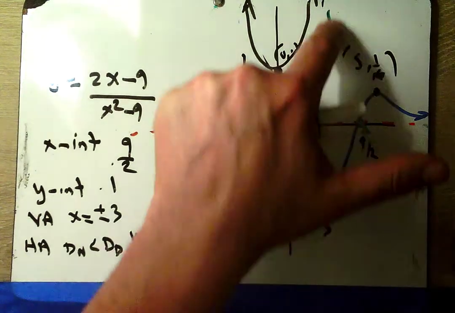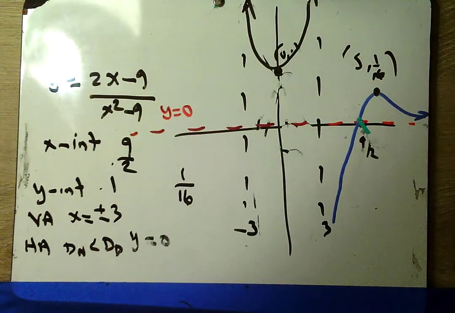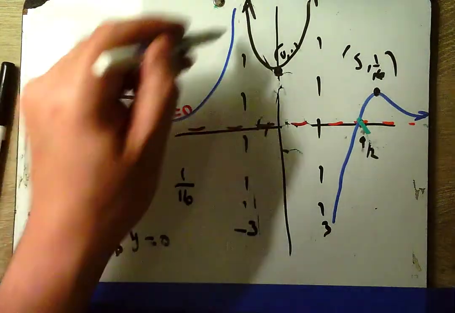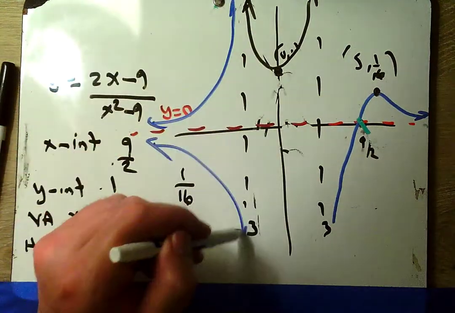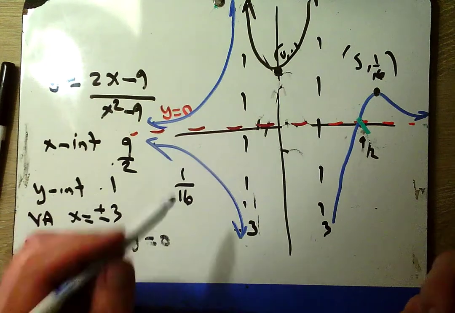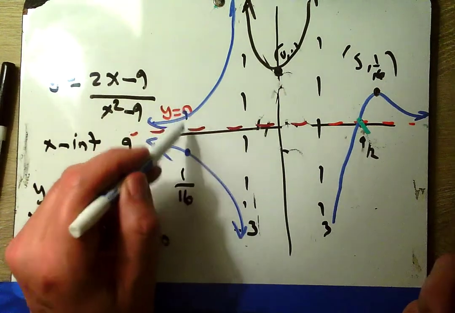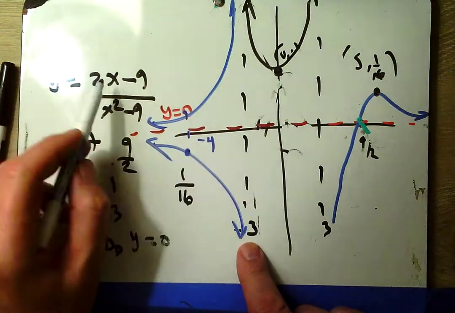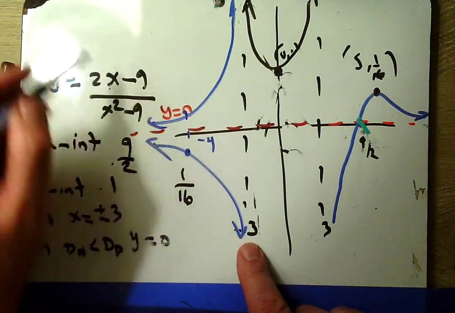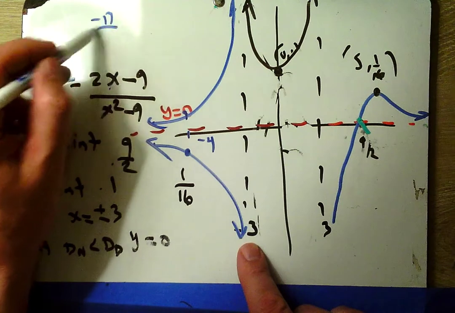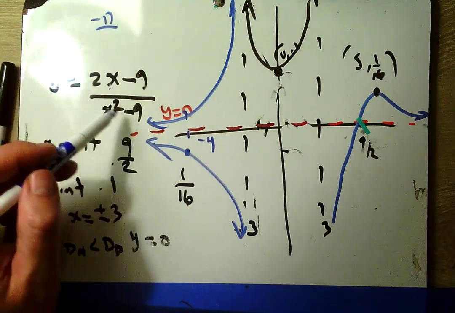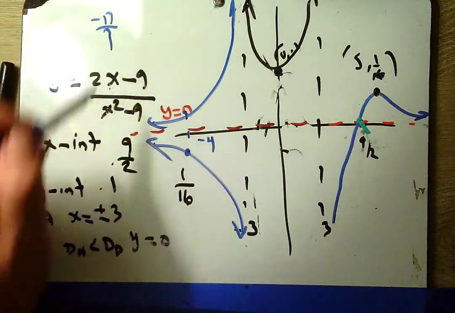This does not exist. Okay? And then finally over here, again, I don't know if my graph should look like this, or if my graph should look like this, and the only way I'm going to find out is test a point. This is negative 3, so how about negative 4? Negative 4 times 2 is negative 8. Negative 8 minus 9 is negative 17. Negative 4 times negative 4 is positive 16. 16 minus 9 is 7.